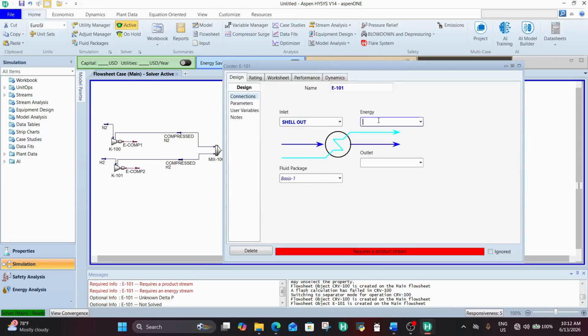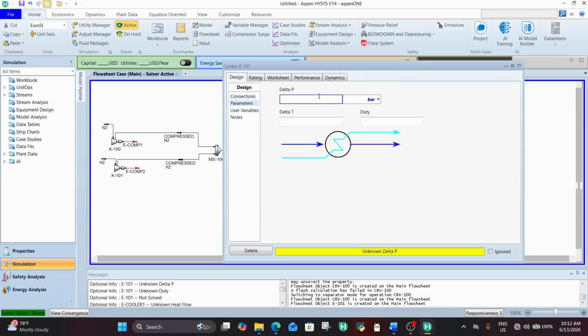So shell out, equaler 1, outlets condensed. Did we call this condensed? It's not fully condensed, but let's just say condensed stream. Right, change in pressure. What kind of change in pressure do we want to give it? Unknown change in pressure. Let's just say 0.5 bar.